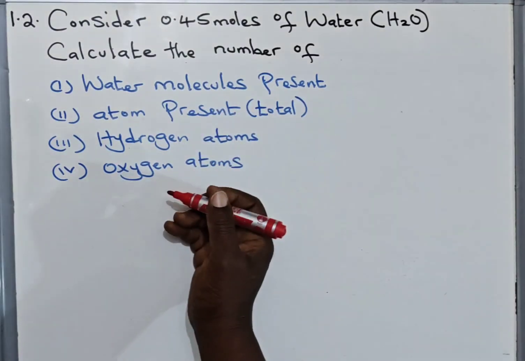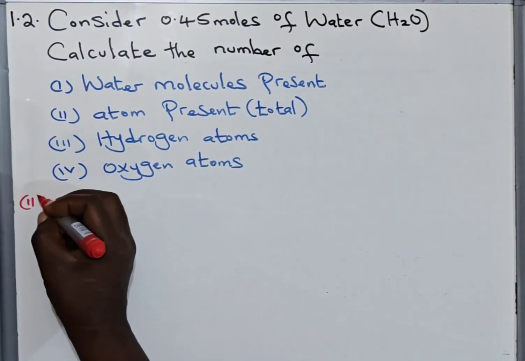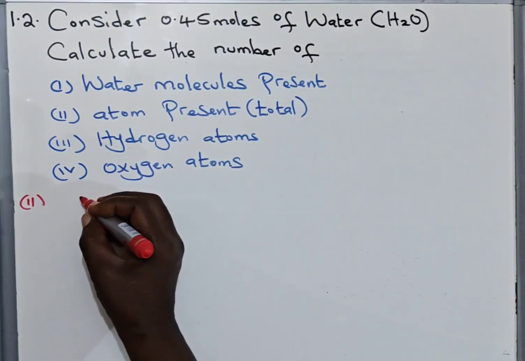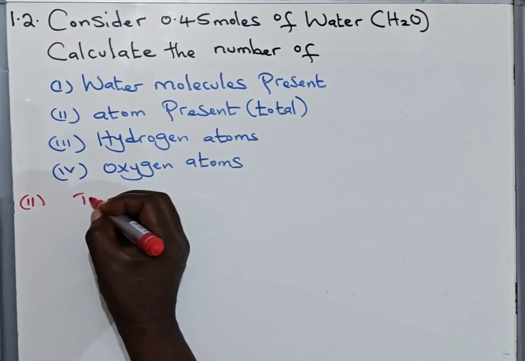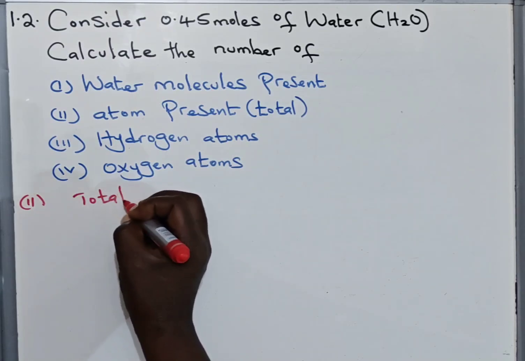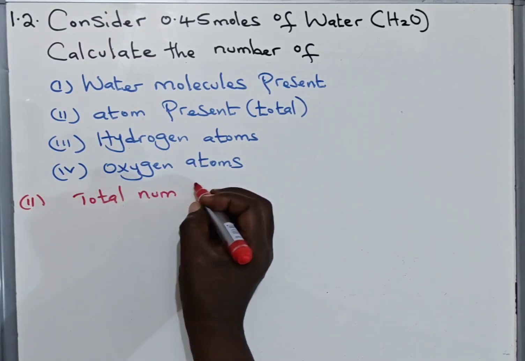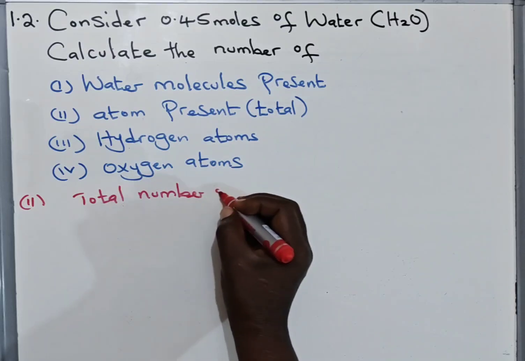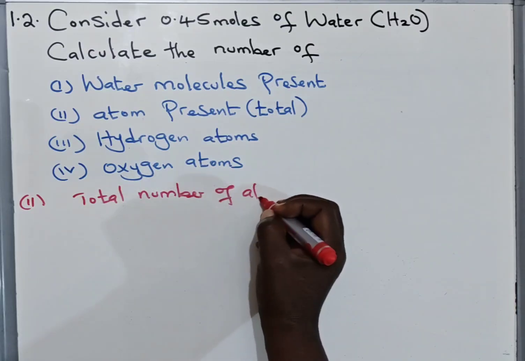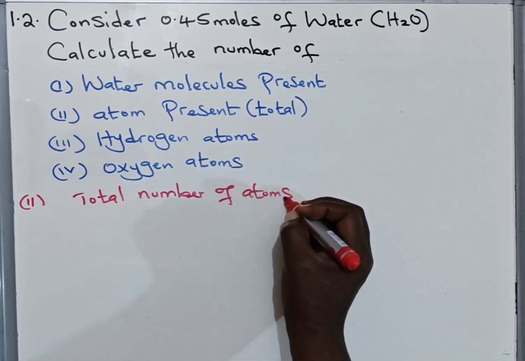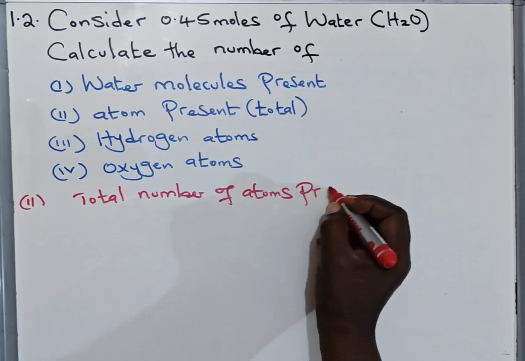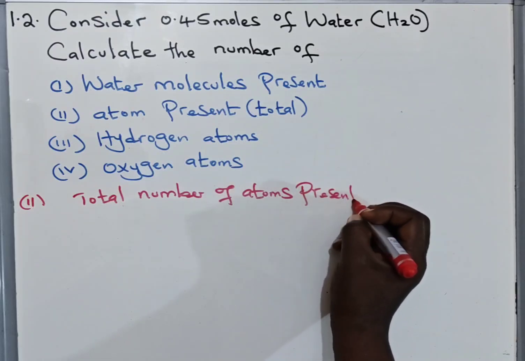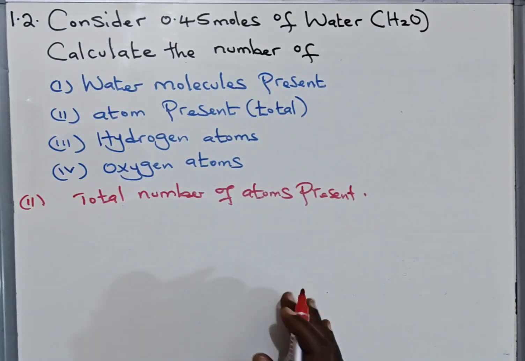Now next we come to number 2, which says total number of atoms present. How do you deal with this one?